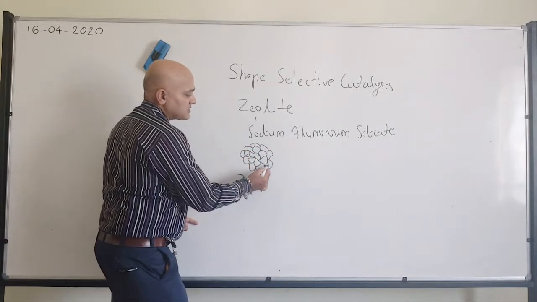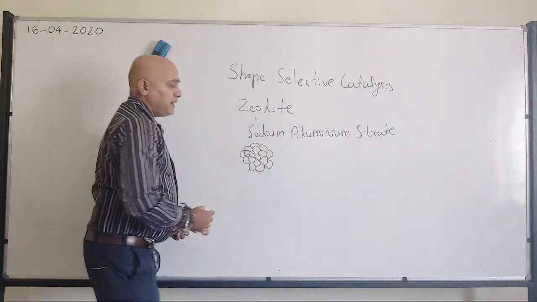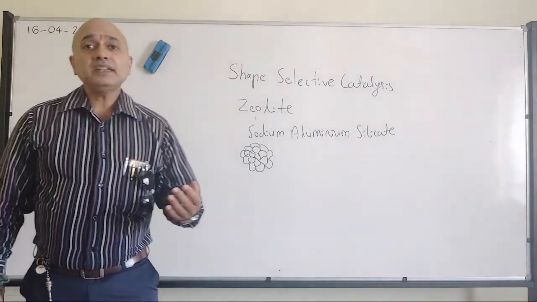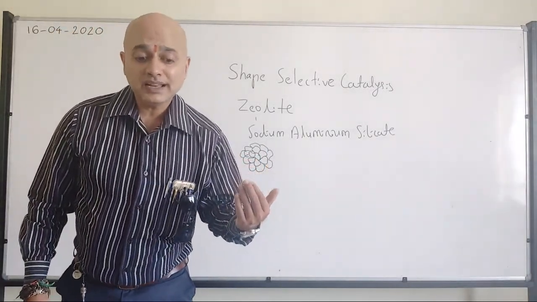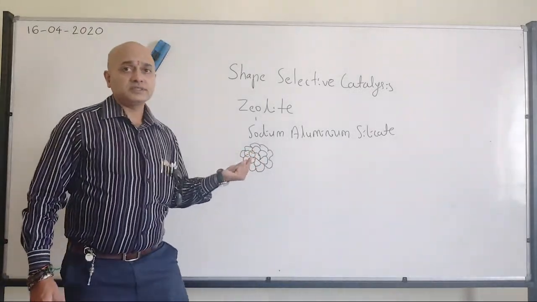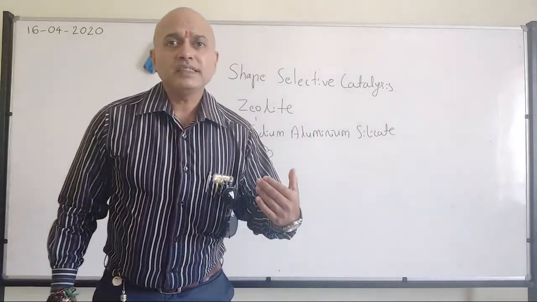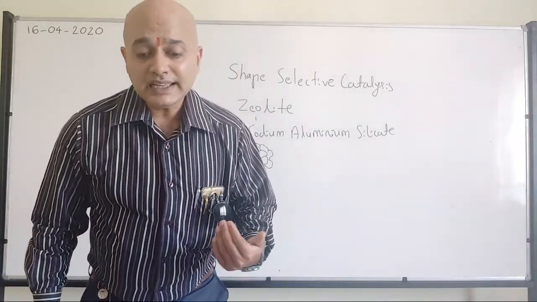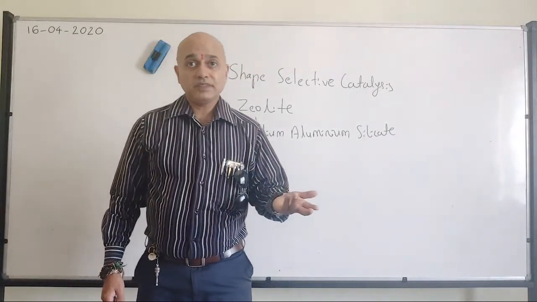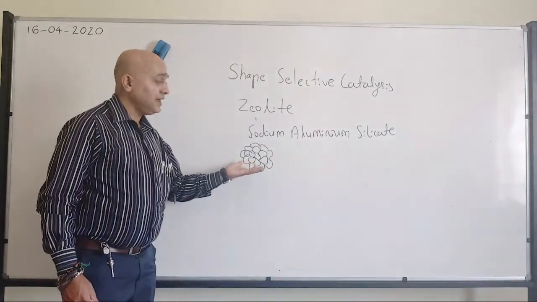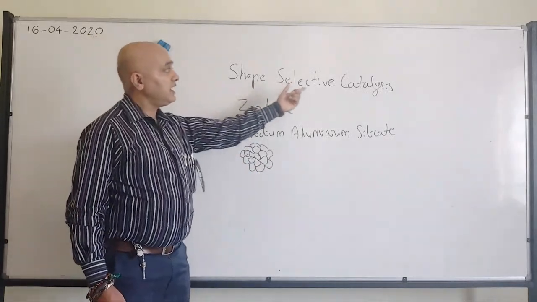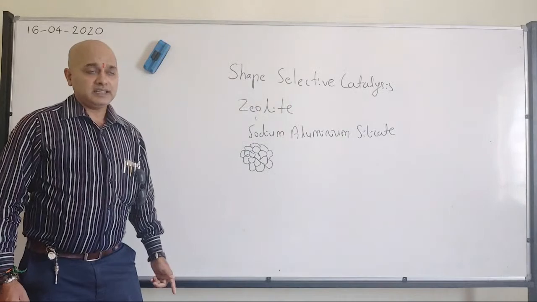Depending on the size of the pore, it can take up only those reactants which can fit into these particular pores. Yesterday somewhere they were asking whether a reactant will bind to interstitial space. That's where we have got the example, and that's where I told you it comes under shape selective catalyst.